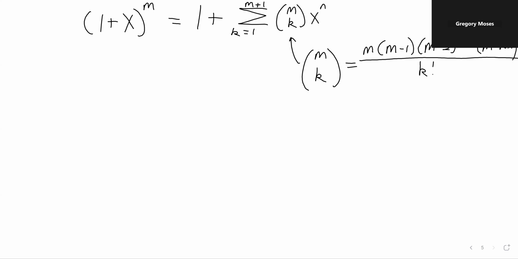It's just that this sum is now infinite. Well, we don't terminate, so we want to keep going forever there. Again, if m is finite, these terms become 0.